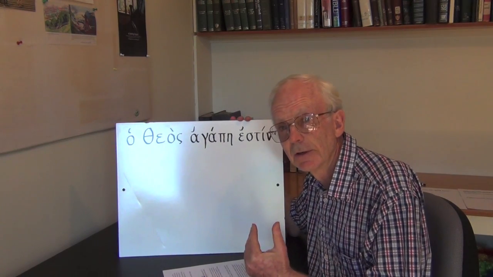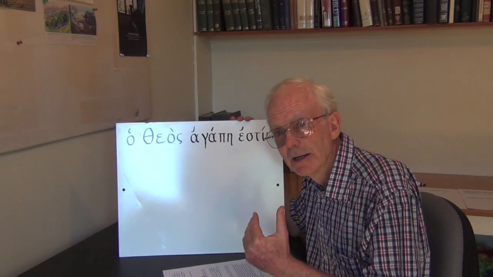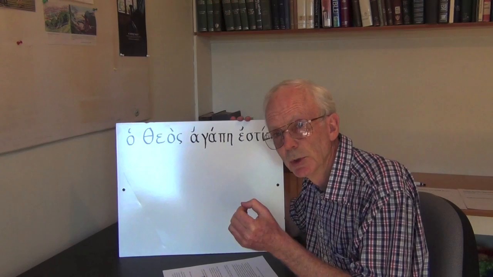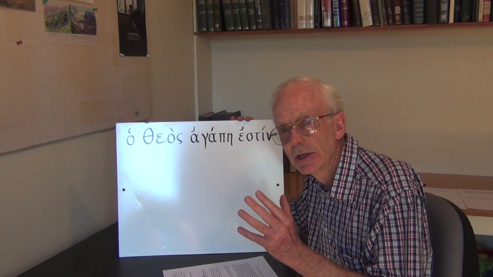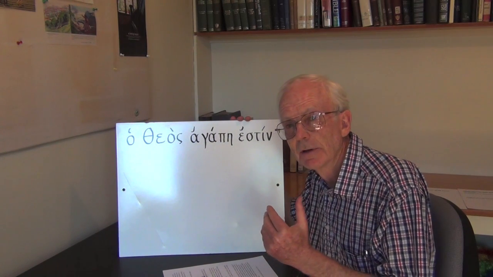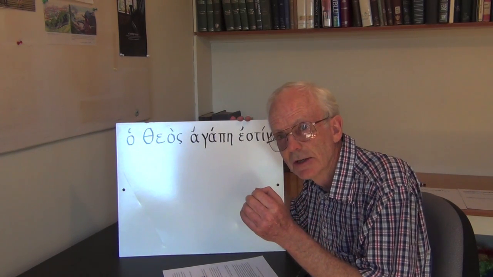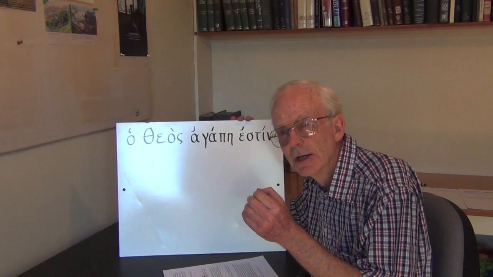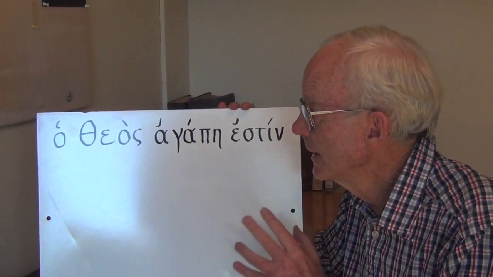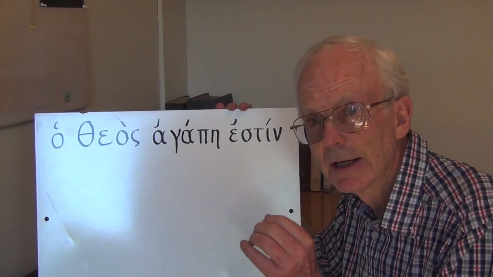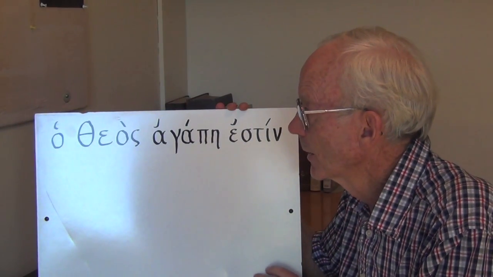If you say it enough times, just let the Greek soak into your mind as pure Greek. You don't need to associate it with English. And if you do it enough times, not even with a little shadow of English translation, just pure Greek. And then that way you'll be really getting into the pure gold.